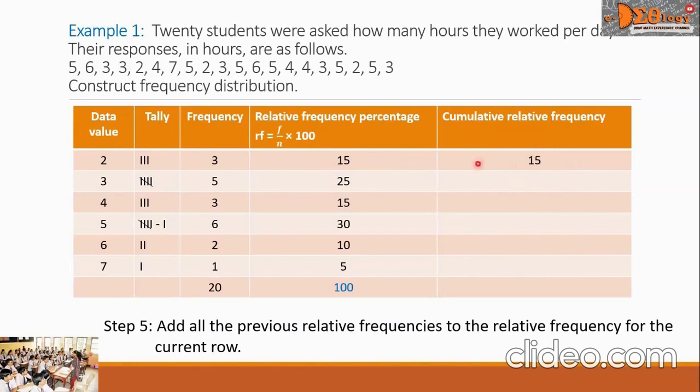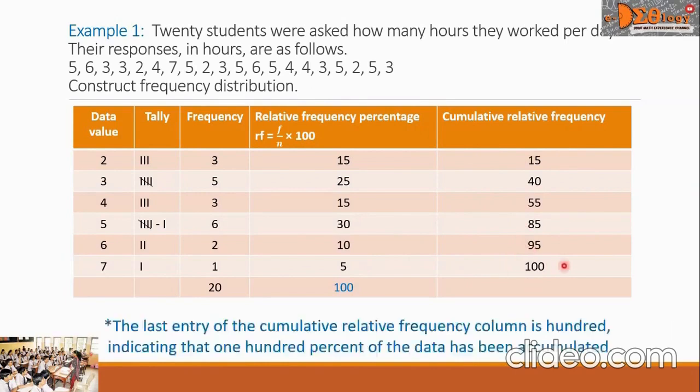So 15 plus 25 will be 40. Then 40 plus 15 will be 55. 55 plus 30 is 85. 85 plus 10 is 95. And 95 plus 5 is 100.